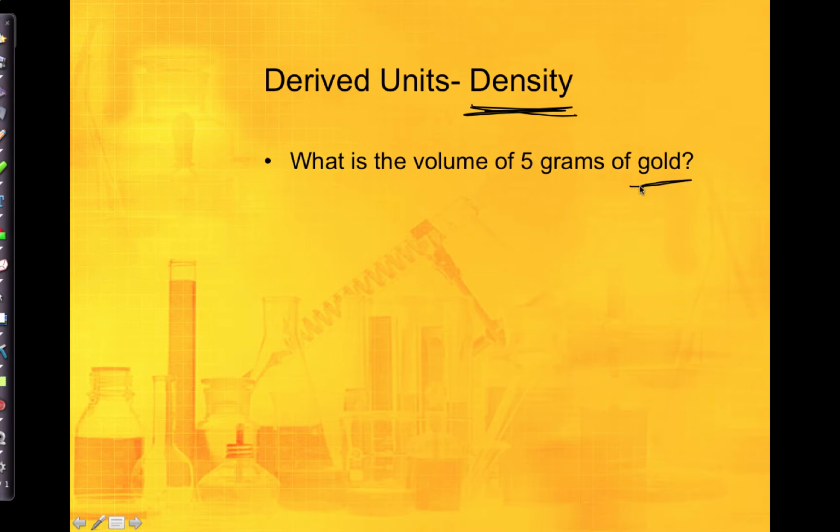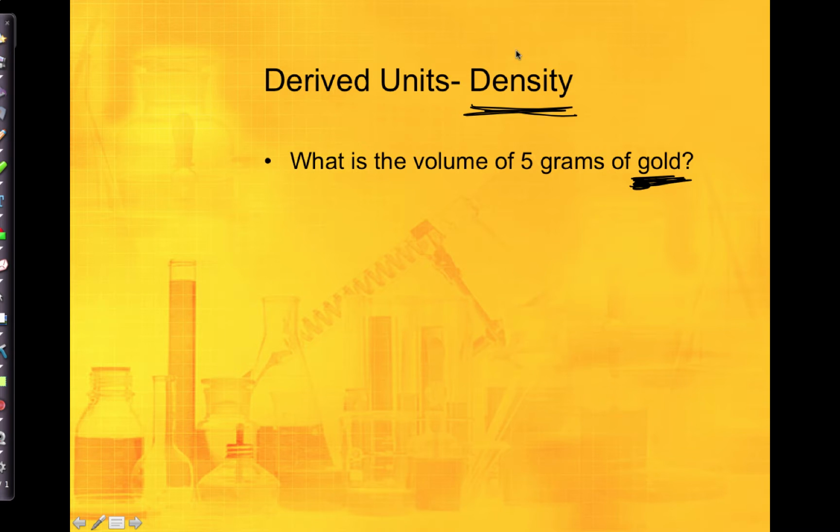So if they ever tell you a substance, and you are trying to figure out a volume or a mass of that substance, but they don't tell you anything else, well, if you know what the substance is, you can figure out what the density is. You can just simply look it up, or it will probably be on a reference sheet somewhere. So density is one of those things that never changes. It's always the same for that substance. So let's look up the density of gold.